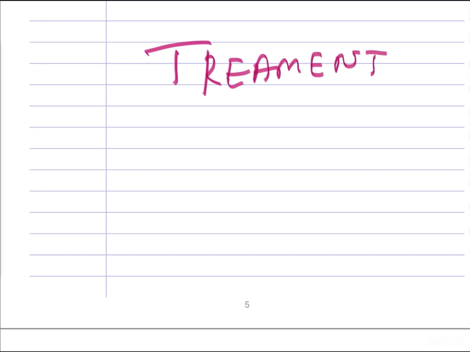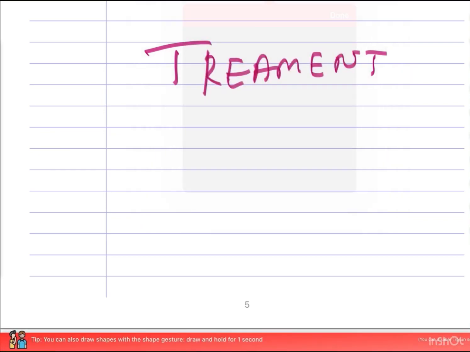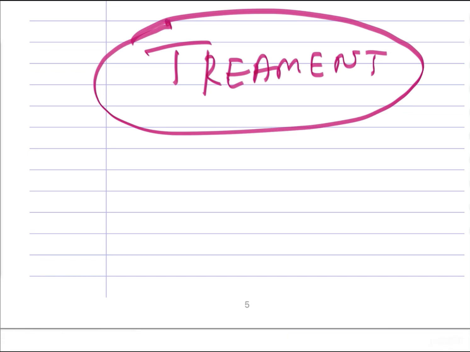Now the main part: how will you treat? The main part is our treatment part. So how will you treat the patient of diabetic ketoacidosis? First of all, there are 3 modalities.